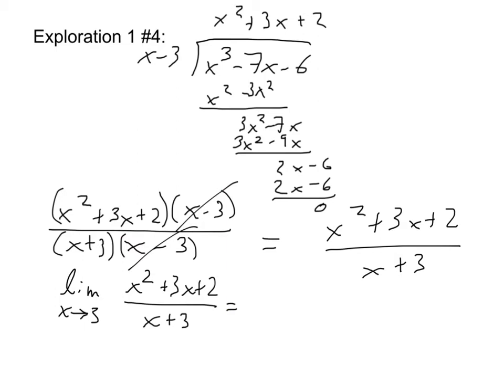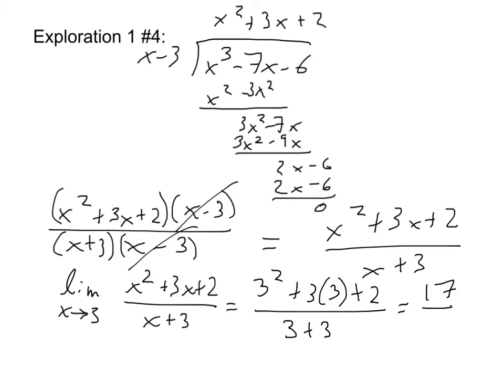So it's going to be 3 squared plus 3 times 3 plus 2 over 3 plus 3, which is equal to 9 plus 6 is 15 plus 2 is 17 over 6. That's what this function approaches as you go to 3. So that's the limit as x goes to 3.